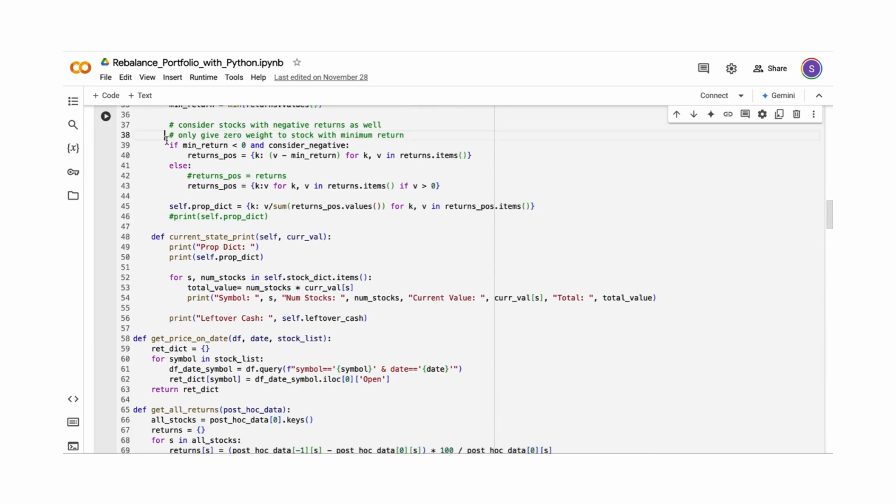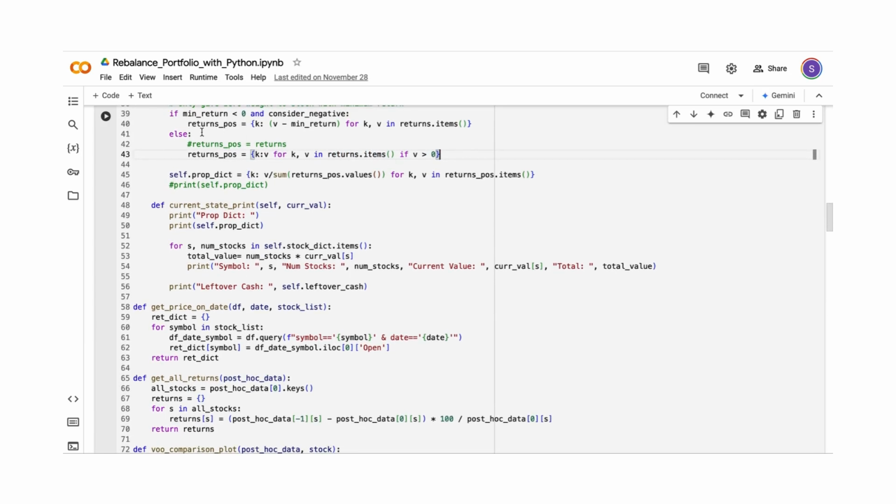So if our minimum return is less than 0, then we just do V minus minimum return so that every number is positive. Or we can just ignore all the stocks which have a minimum return less than 0. In this case, we are constructing this return positive dictionary which ignores any stock which has a return less than 0. So these are two possible ways of doing the rebalancing.